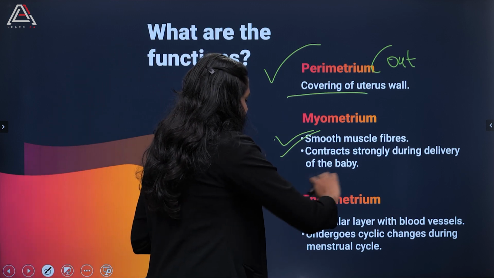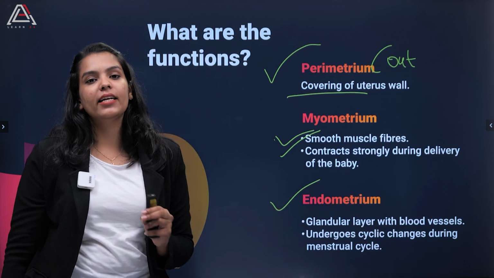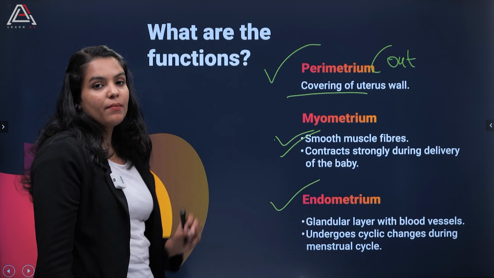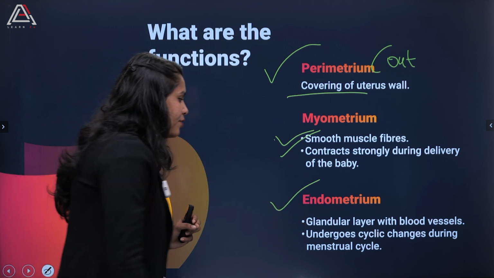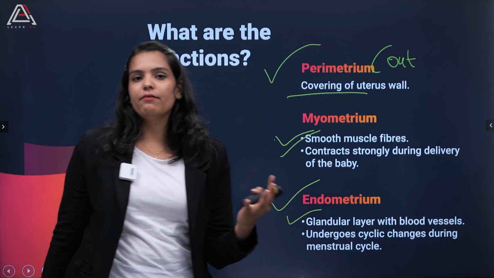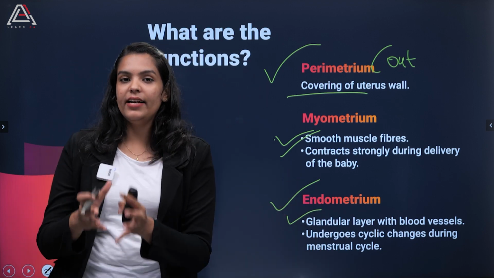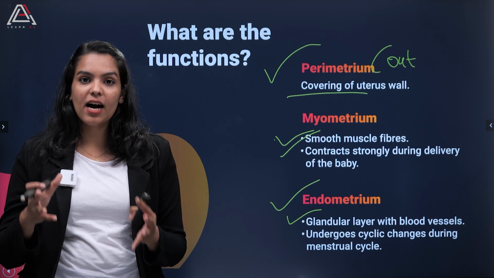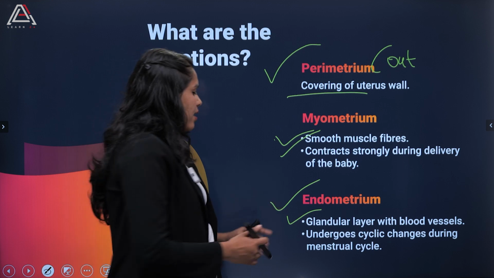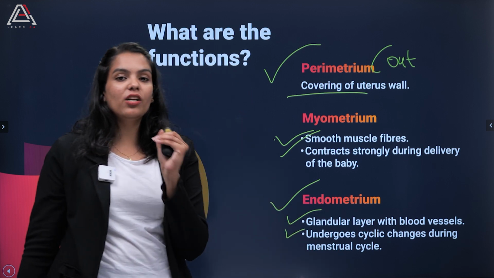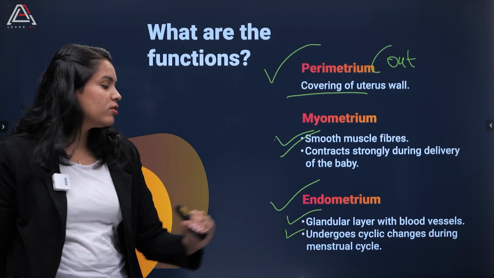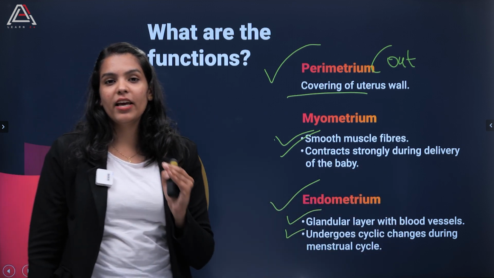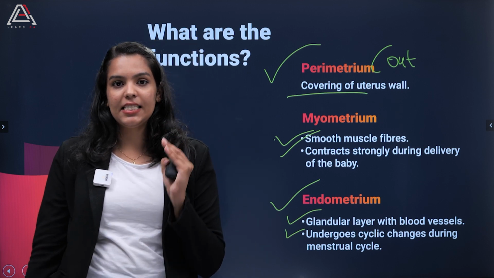Talking about the innermost layer and the most important layer, that is the endometrium. The endometrium consists of the glandular layer with some blood vessels. Okay, so the endometrium is the glandular layer, and it consists of blood vessels, right? And this layer is the major layer which undergoes cyclic changes during the menstrual cycle, and this is the major layer where the process of pregnancy starts.